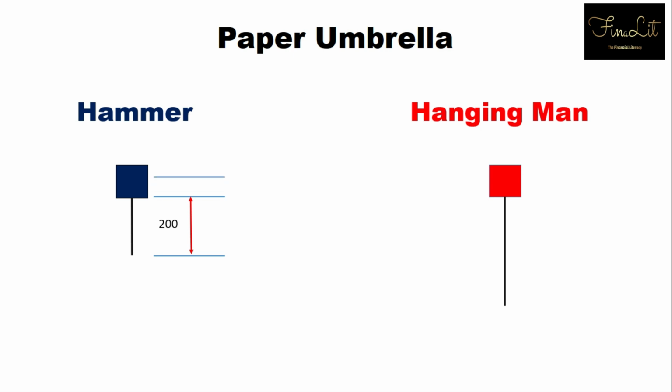The lower shadow and the real body should maintain the shadow to real body ratio. The length of the lower shadow should be at least twice the length of the real body. The open and close prices are close to each other. The hammer pattern is bullish and the hanging man pattern is relatively bearish.